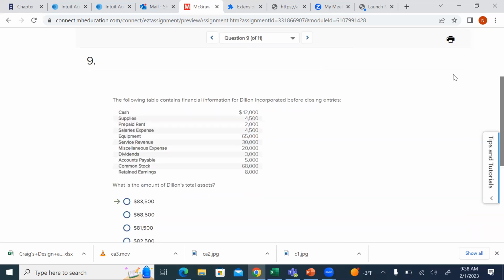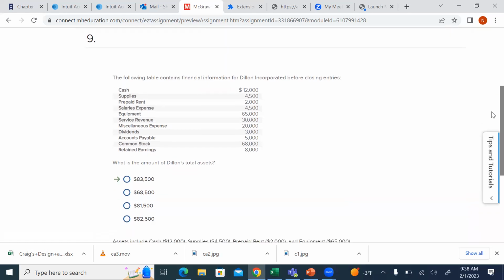The following table contains financial information for Dillon Incorporated before closing entries. What is the amount of Dillon's total assets? Then we would include building, but don't forget accumulated depreciation in there, guys. Cash, supplies, prepaid rent, equipment.